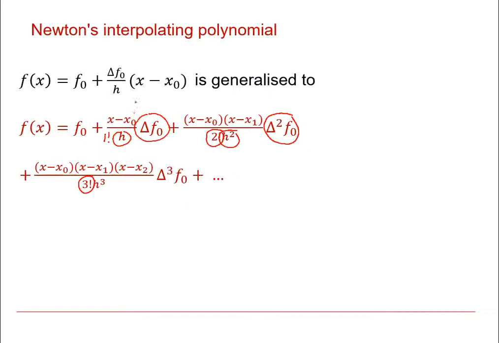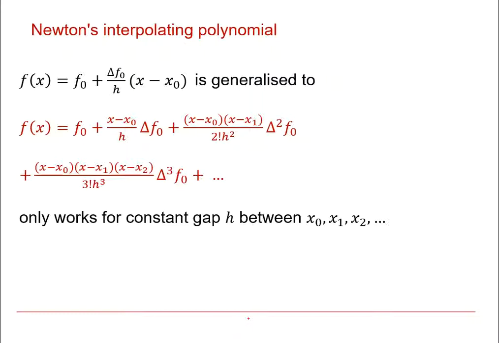And we're also going to use more points than we did previously, so instead of just having the x minus x naught bit, we've got, in addition to that, for the next term x minus x1, and then for the third term we're bringing in x minus x2. And as already mentioned, this only works if we've got a constant h.